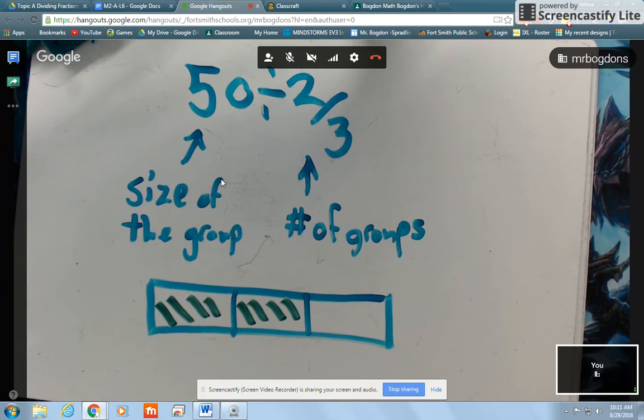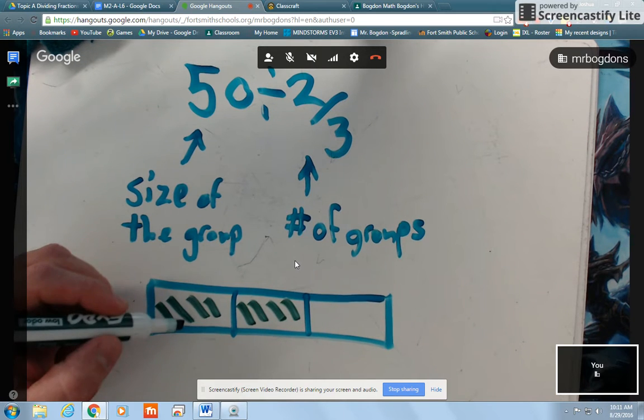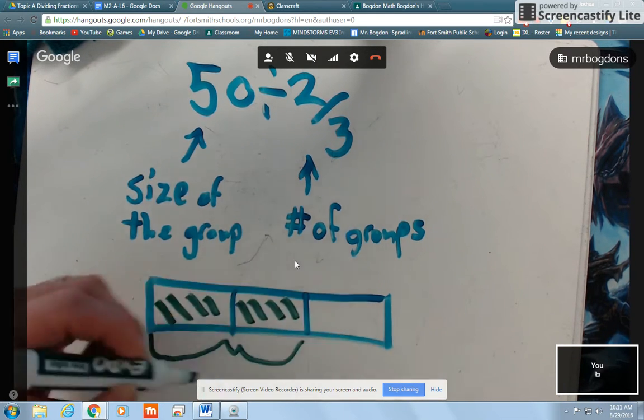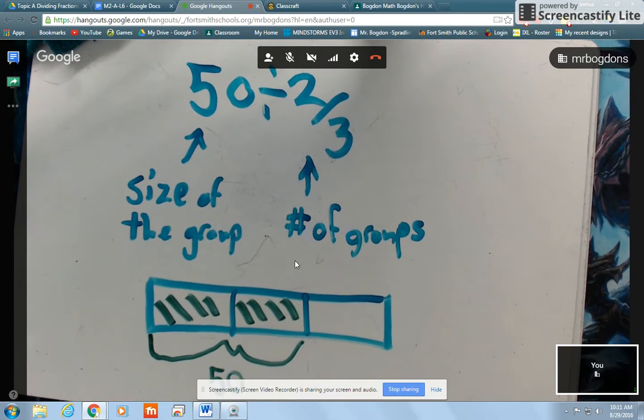Okay, so 50 is representing how many of these units? 2. So from here to here, I have 50.